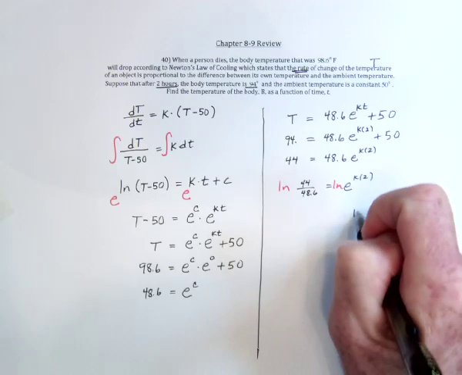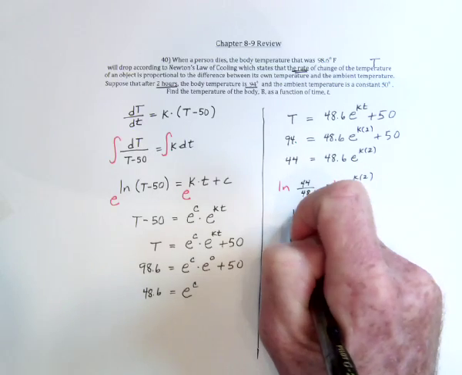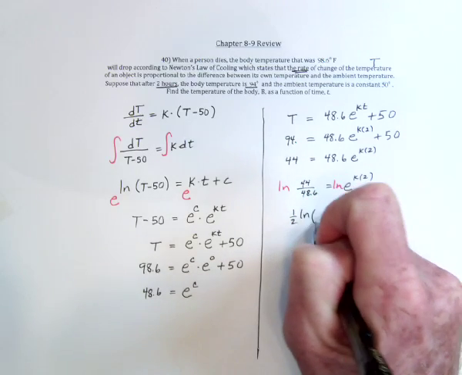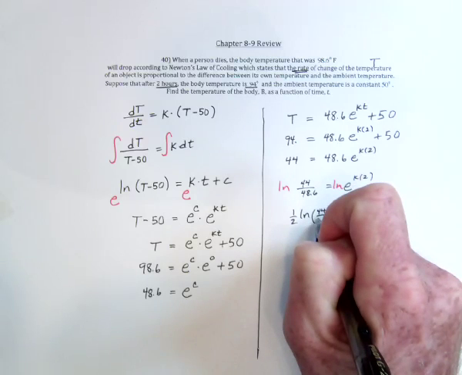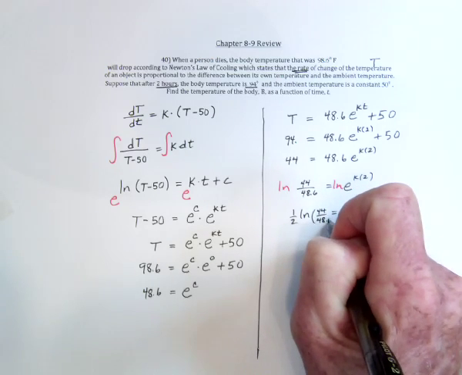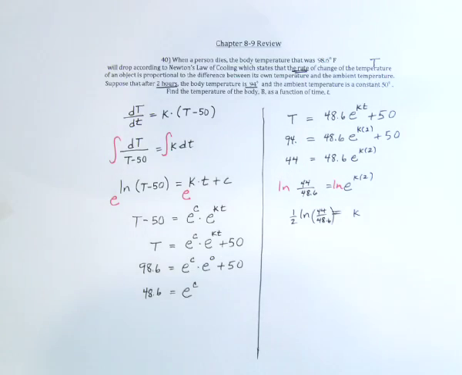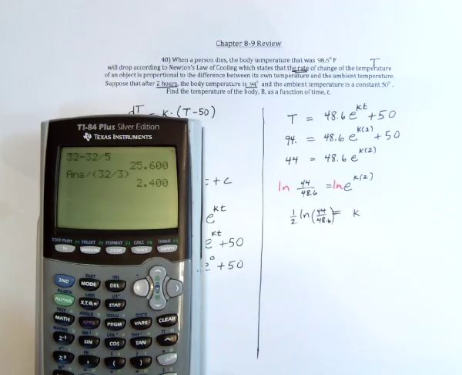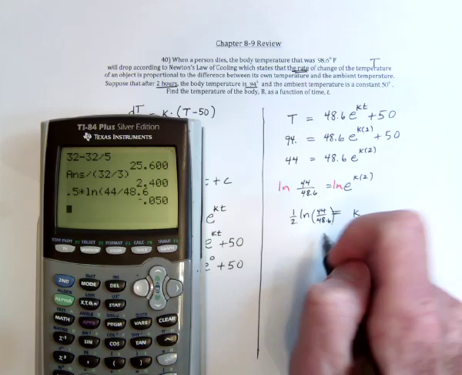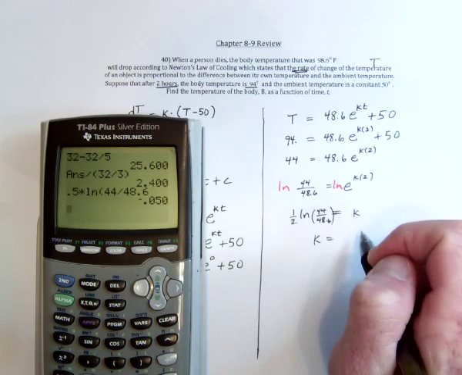So once you divide by 2 or multiply by half, it's going to be the natural log of 44 over 48.6, and then multiply by 1/2, so we get k is a negative 0.05.